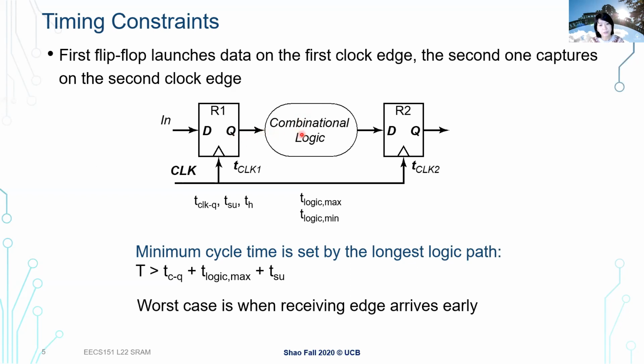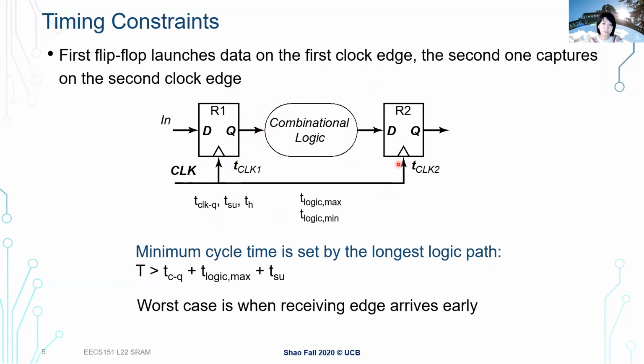So after going through the combinational logic, we get to our second flip-flop here. Here we need to make sure that we have enough time to satisfy the setup time constraint between the input data and our clock, so that we can properly latch our input data. So if you think about the clock period for this circuit or for this processor, not just the combinational logic, for the first flip-flop we also need to consider the clock to Q delay.